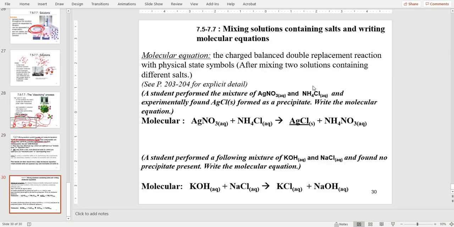So if we go to the next slide, slide 30, this would be an example: silver nitrate, ammonium chloride. This is before we mix them together. They're dissolved in water. They're aqueous, so AQ. And then afterwards, a double replacement reaction occurs, and one of them may form a solid. Now let's go ahead and go back.